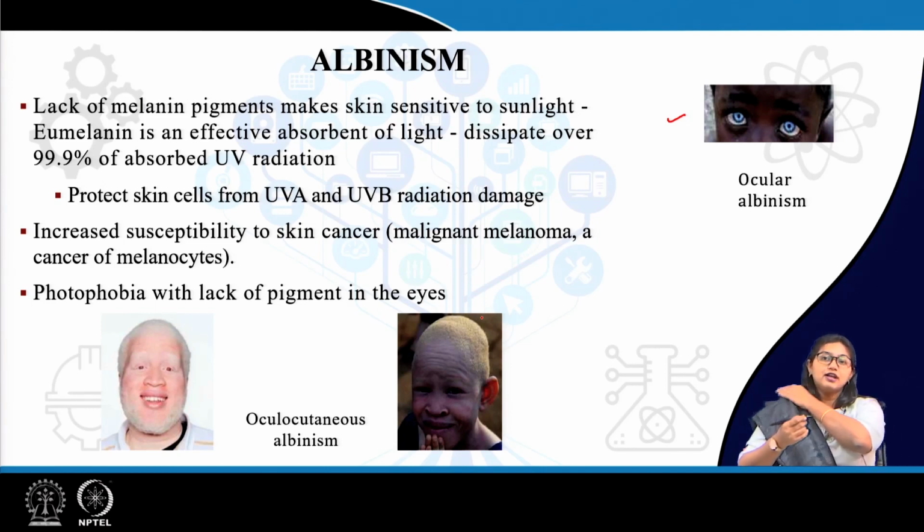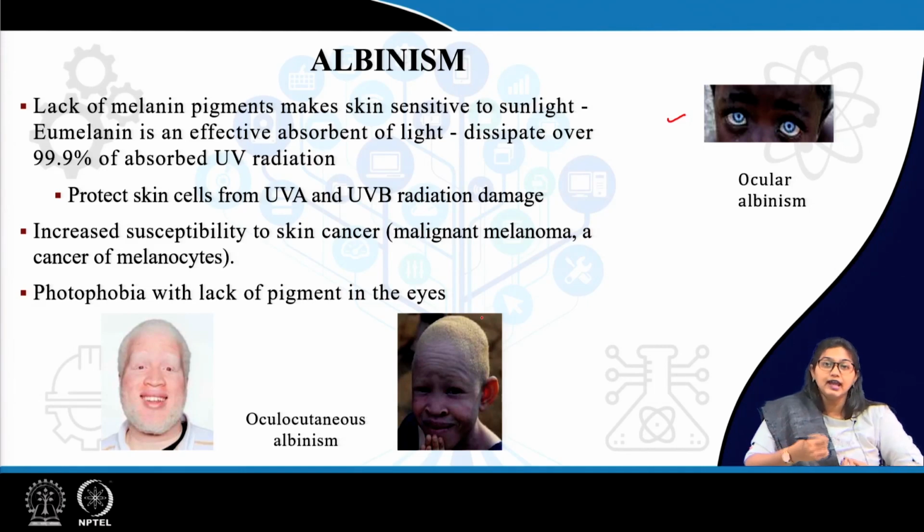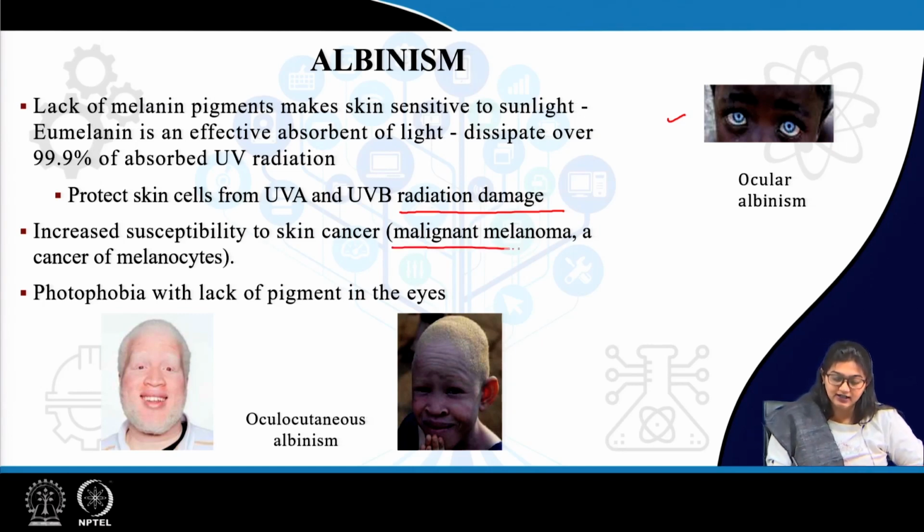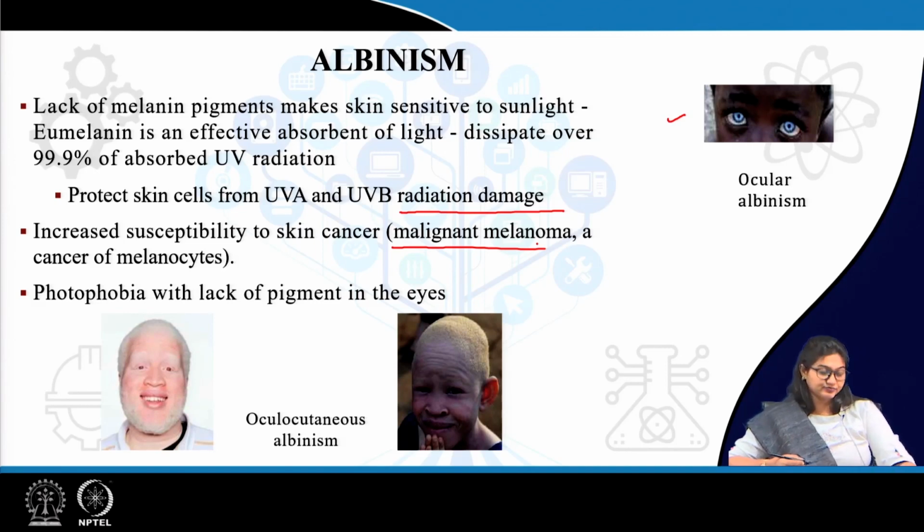So, protection against UVB and UVA rays is lost. So, there is radiation damage causing carcinogenesis. One such cancer we have already mentioned, that is malignant melanoma, and there is also photophobia due to lack of melanin pigment in our eyes.